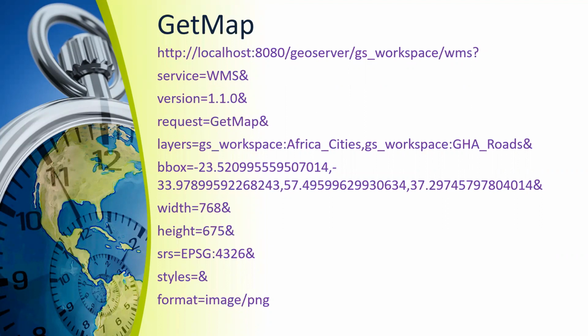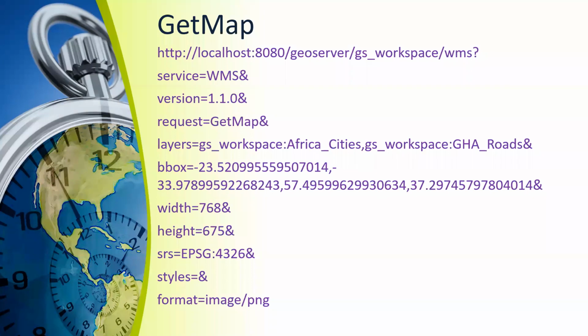Then we have layers. We have said that you can display layers as a list, comma separated. If you look at the layers line, it has GS_workspace. So you need to specify the namespace, or the name of your workspace, then a colon, then the layer name.